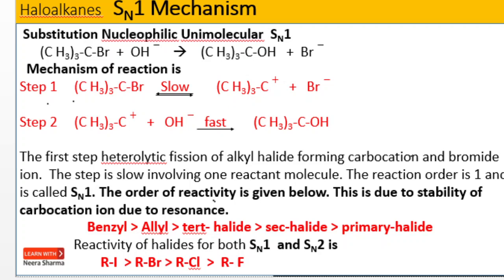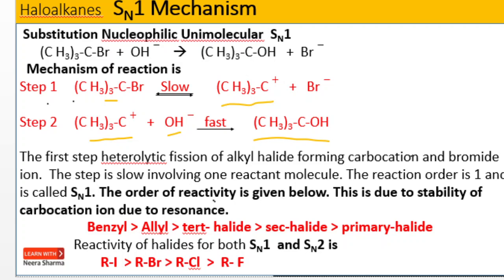So this is a carbocation that is formed. This step is slow and involves only one reactant, therefore it is a first order reaction, and this carbocation quickly reacts with the nucleophile, forming the product.